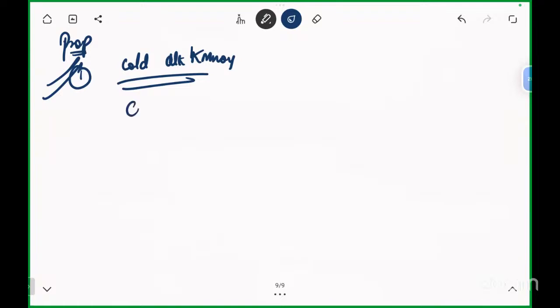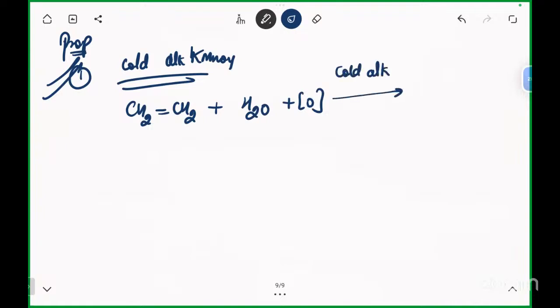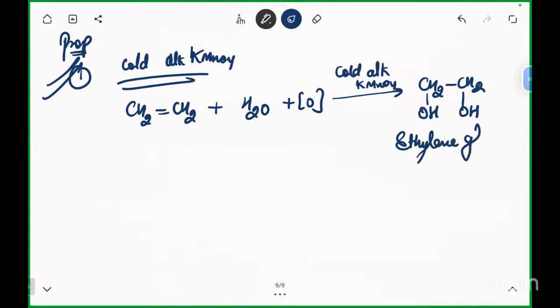Like CH2=CH2, when it reacts with water and gets oxidized in the presence of cold alkaline KMnO4, it forms CH2OH-CH2OH, both carbons will get the OH. This is called ethylene glycol.